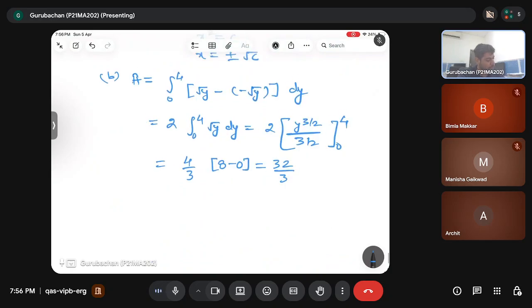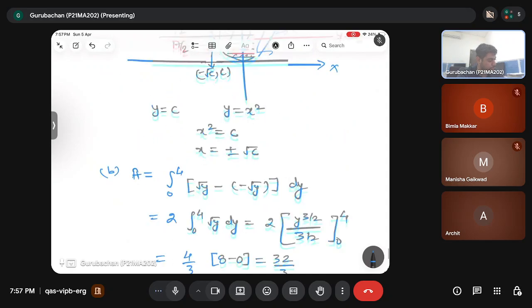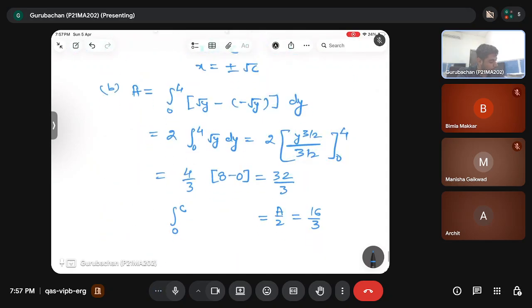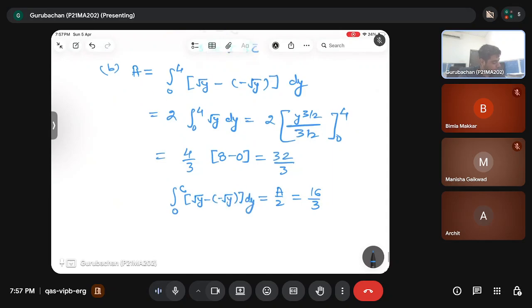If you see, what is a by 2? A by 2 is 16 by 3, and the area from 0 to c is again the integral of under root y minus minus under root y dy. So this will come out to be 2 y to the power 3 by 2 divided by 3 by 2, from 0 to c, is equal to 16 by 3.